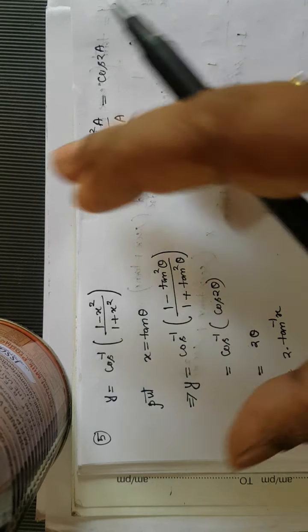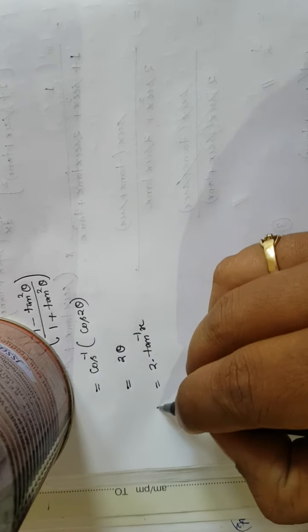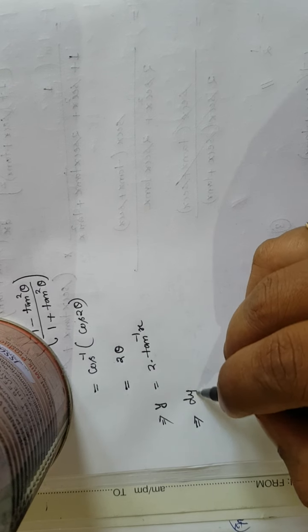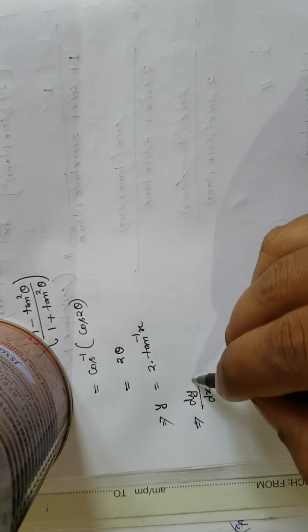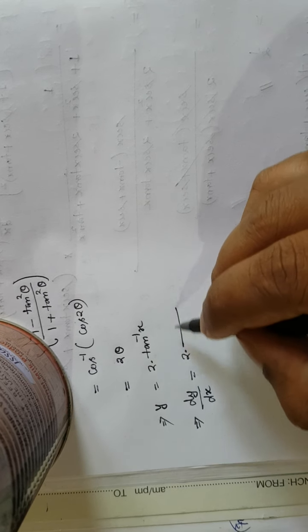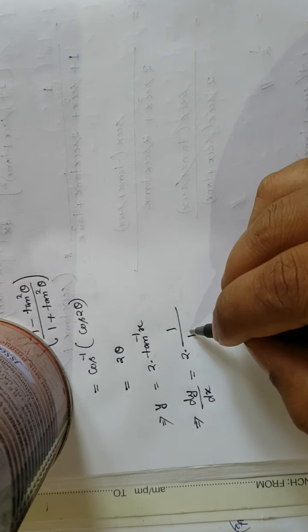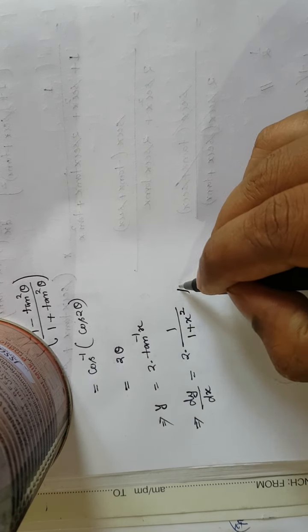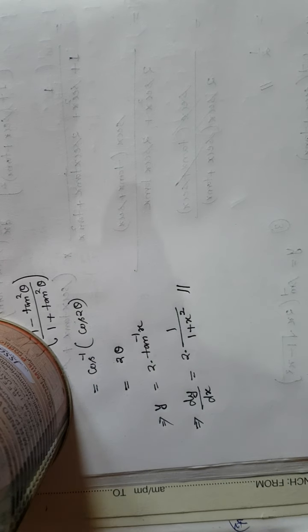Now differentiate. dy by dx is equal to twice of 1 by 1 plus x square. These are basic problems.